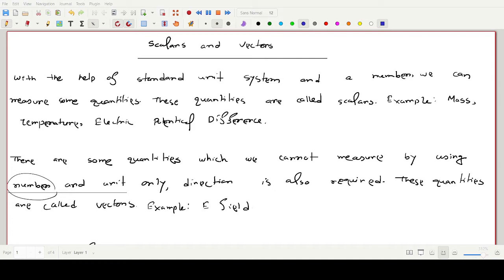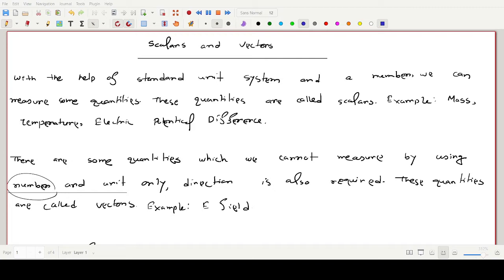There are quantities for which we require a direction along with a number and unit. These quantities are called vectors, for example electric field and force.